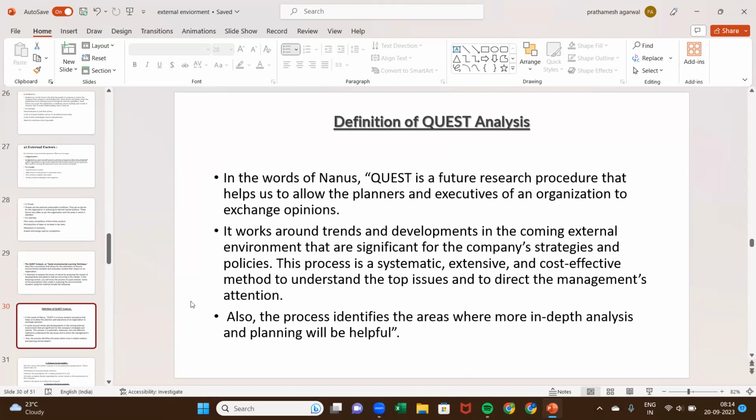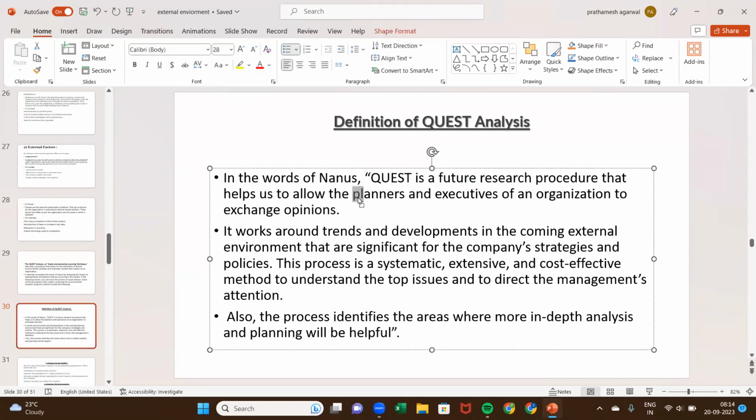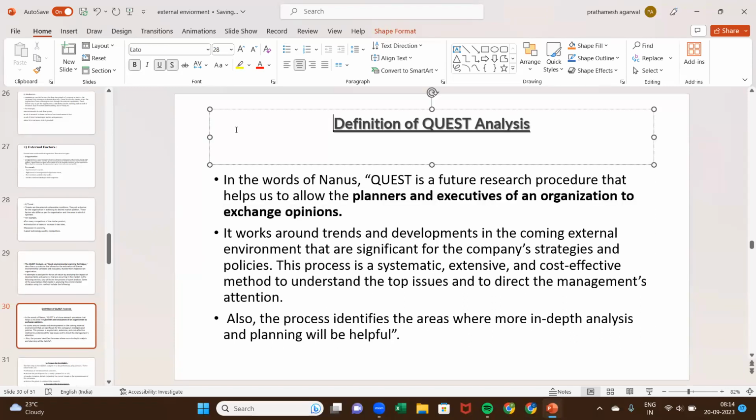It is telling us about the future research procedure that helps to allow the planners and the executives of the organization to exchange opinions. So it is giving you a platform to exchange opinions, to exchange ideas, to exchange information, and to exchange suggestions.